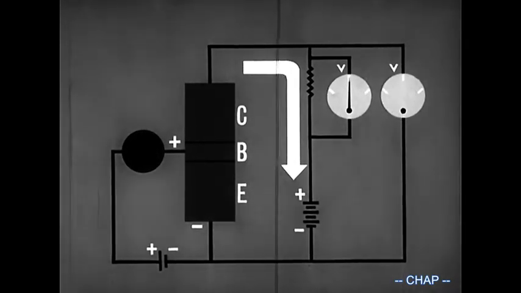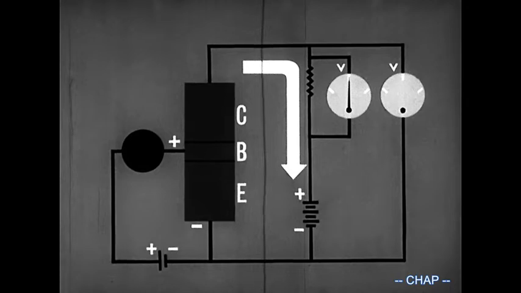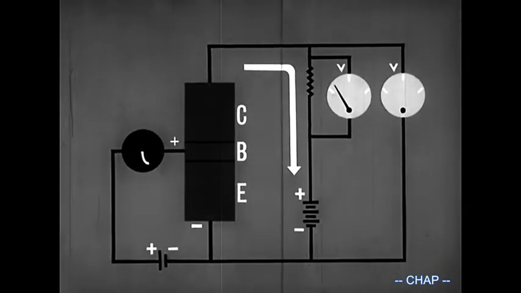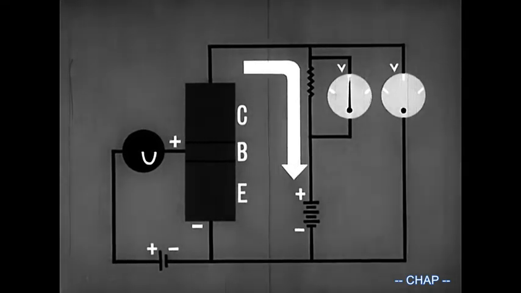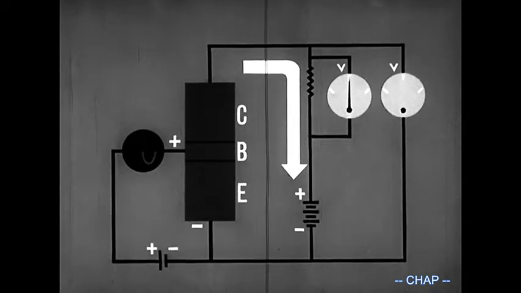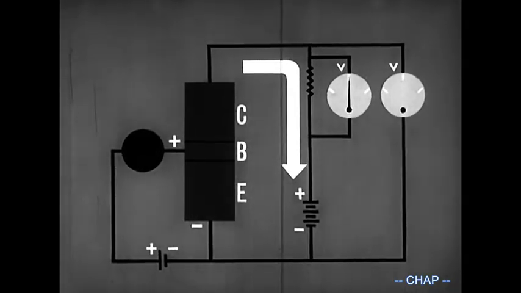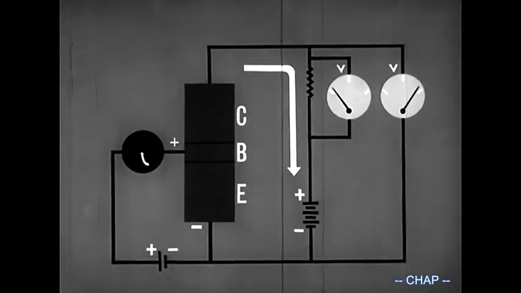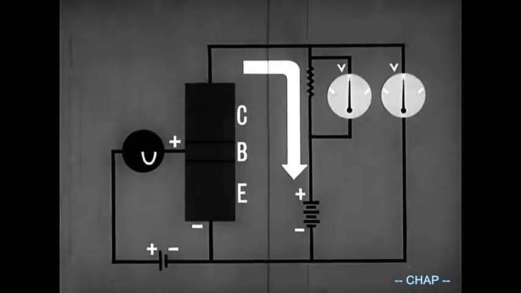The voltage across the load resistor again follows the current changes. First a decrease, then back to normal. But the output voltage first increases, then drops back to normal.